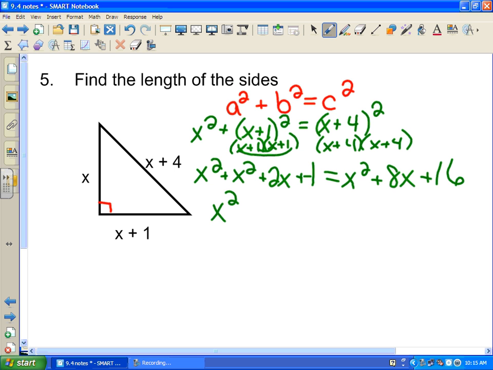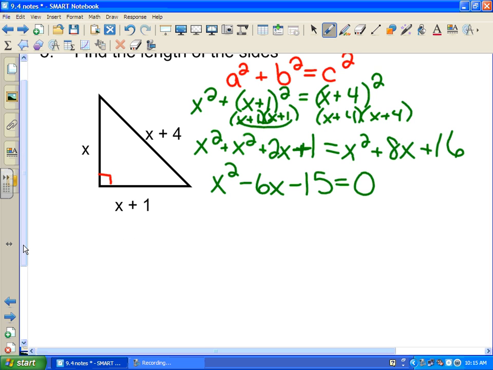How many x's would we have to the left? Negative 6. And 1 minus 16. You'll get lots more credit for these. I realize it's a lot more work than the others.